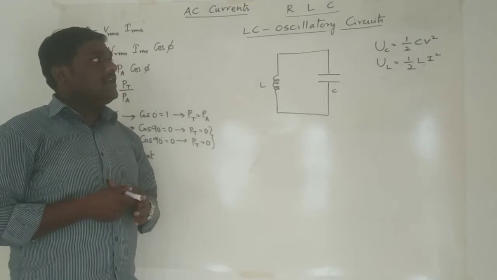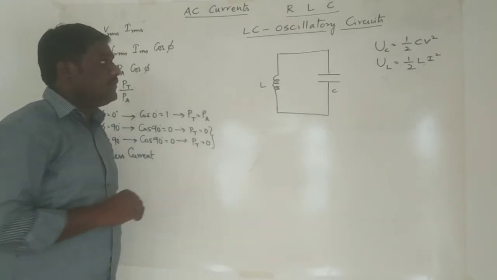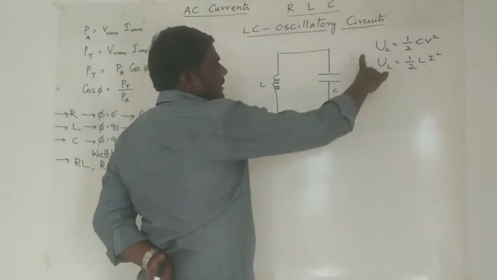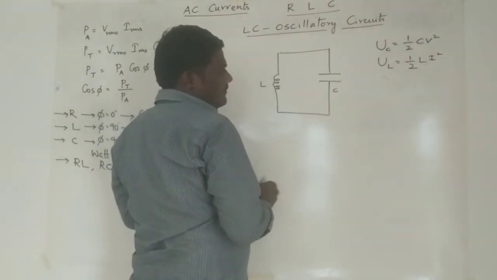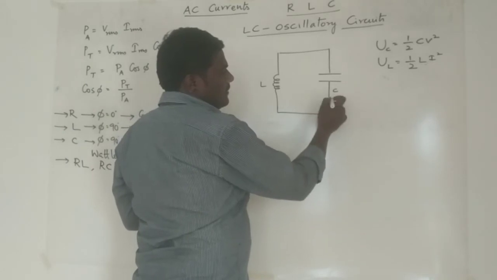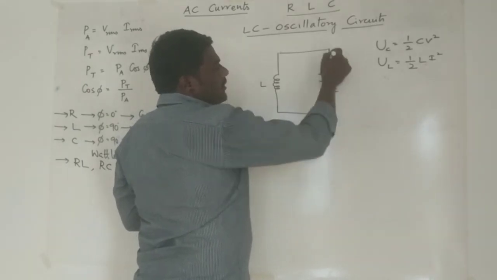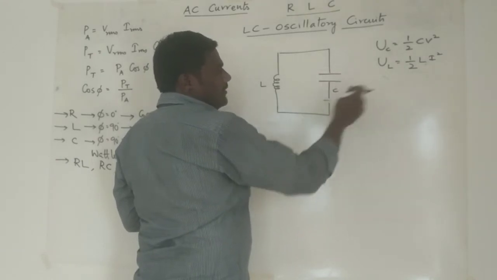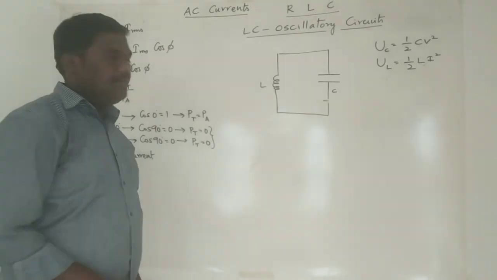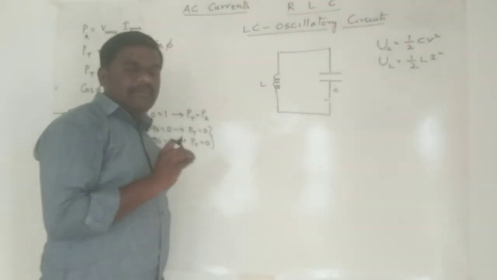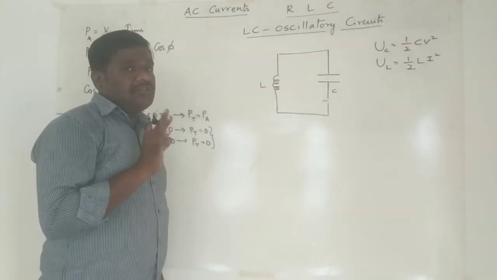Now, let us understand how this oscillator circuit works. So, initially, take some external circuit. Assume one key is available here, which is open. Initially the key is open. Using some extra battery, you start to charge the capacitor first, until it gets fully charged.